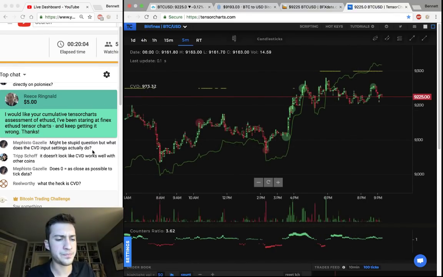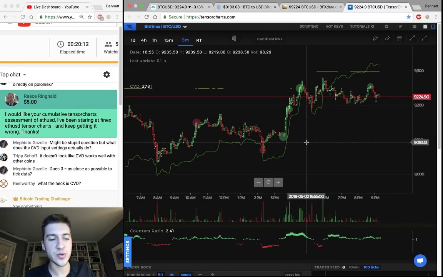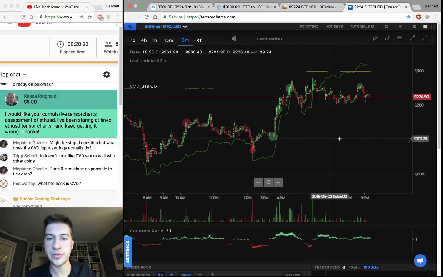And someone asks, what does the input settings actually do? I know this person's on my Discord. It's Cubizzle, right? So the CVD input settings, well, you can't put it at 1, that wouldn't make any sense. But if you put it, let's say, at 2, it would take the last 2 periods and just subtract them, the market buying versus market selling of those periods.